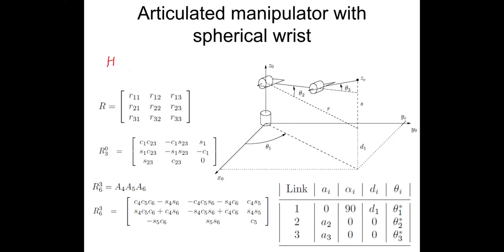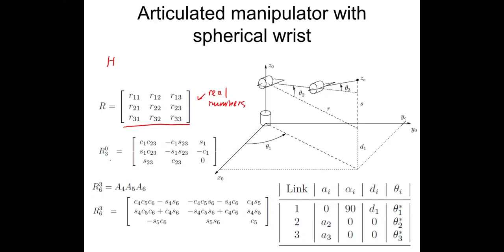And this matrix should be real numbers. So this R11, R12, they're all real numbers, which is given. Okay, so we know these real numbers.